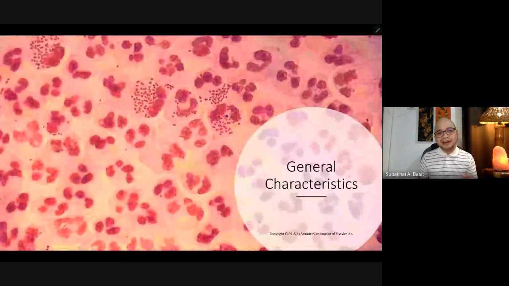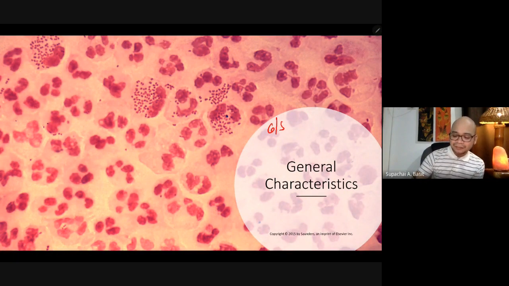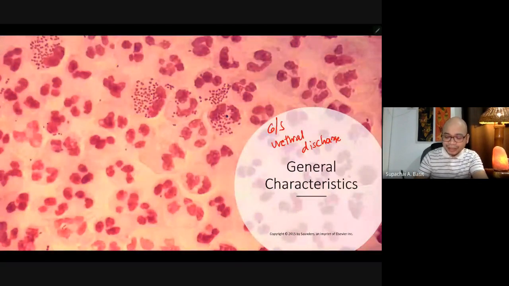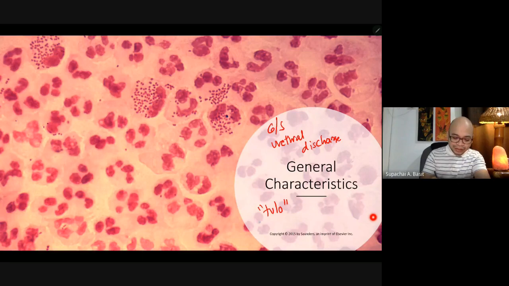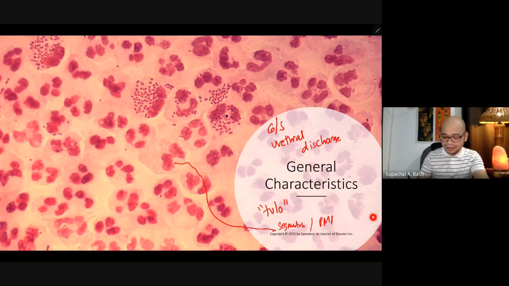This photograph is a gram stain from a urethral discharge. The specimen was taken from someone with gonorrhea, or in Tagalog, we call it tulo. What you'll be able to see are segmenters in hematology, or the PMNs, which I think you have already studied.